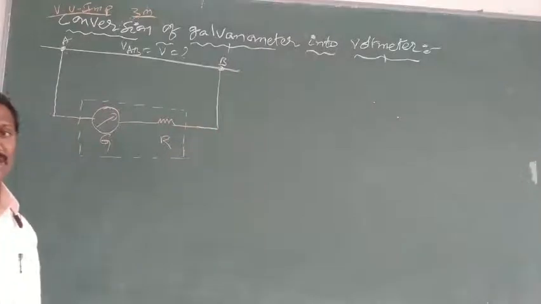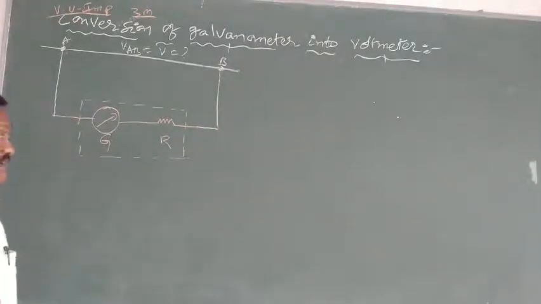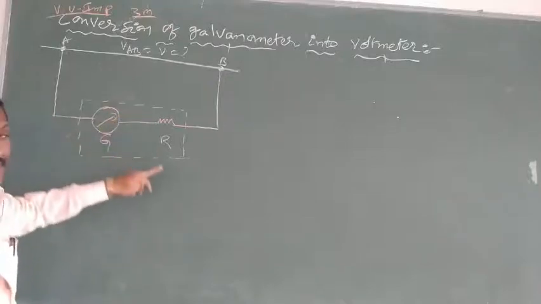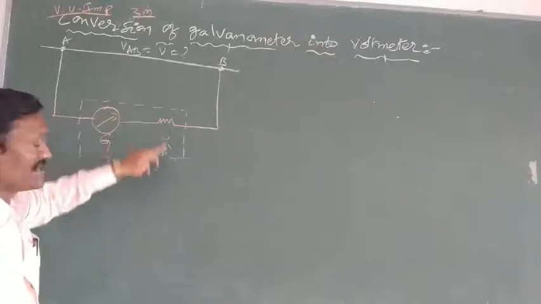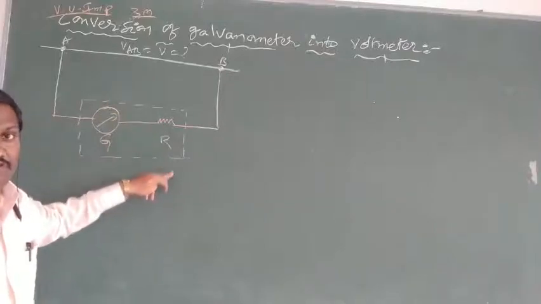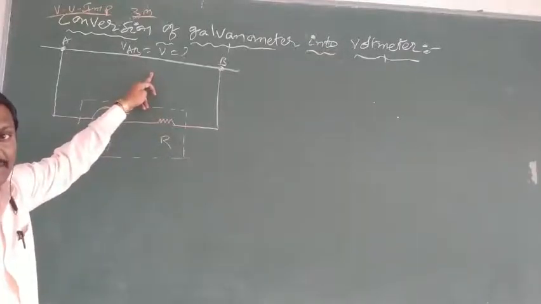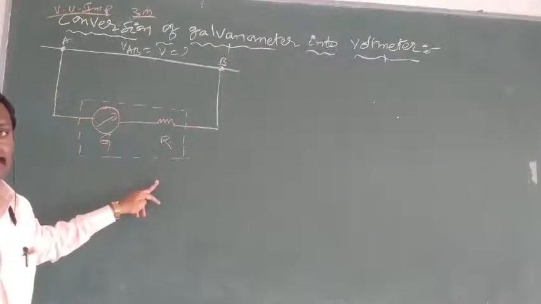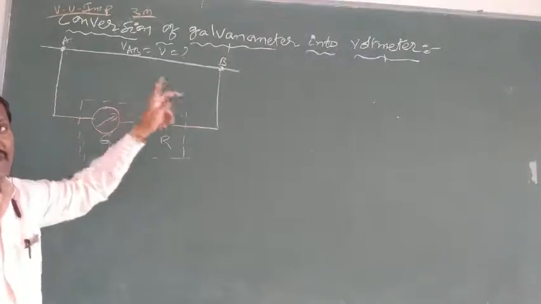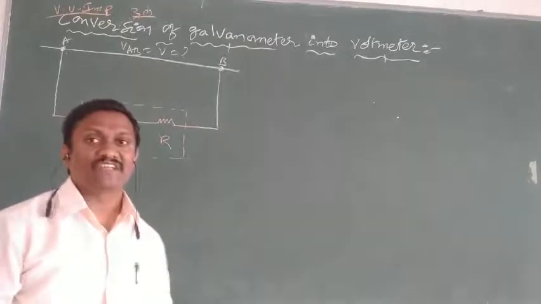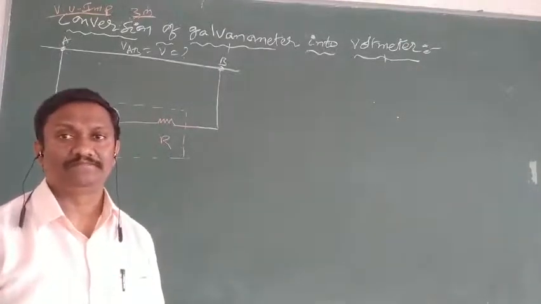We know a voltmeter is always connected parallel to the circuit. In a parallel combination, the potential is always the same. The potential across these 2 points and the potential across the galvanometer remain the same. We don't know the potential difference here, but we know the potential difference here, so this potential difference becomes this potential difference.